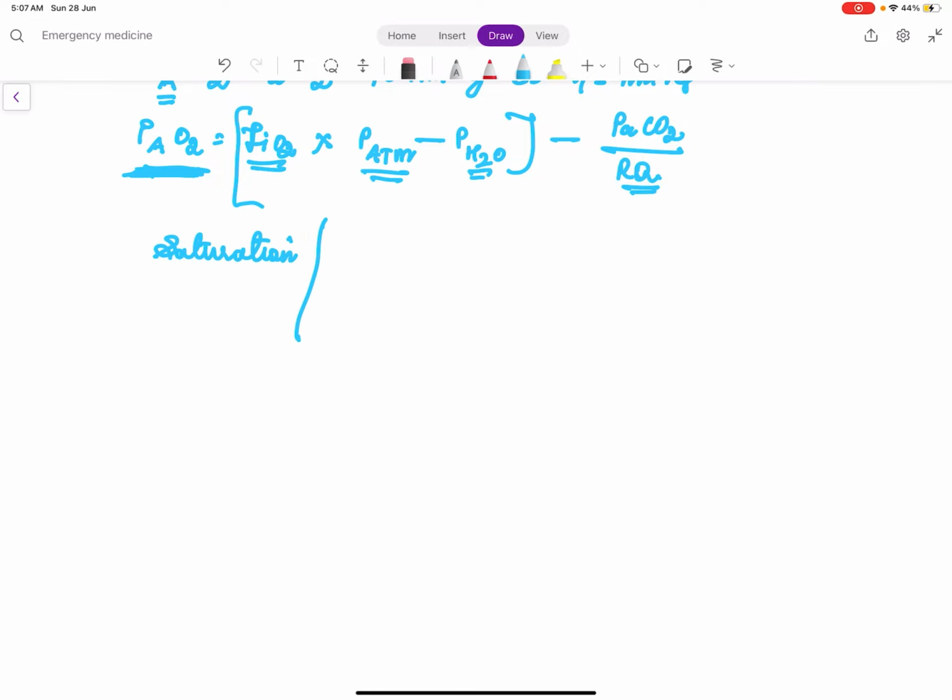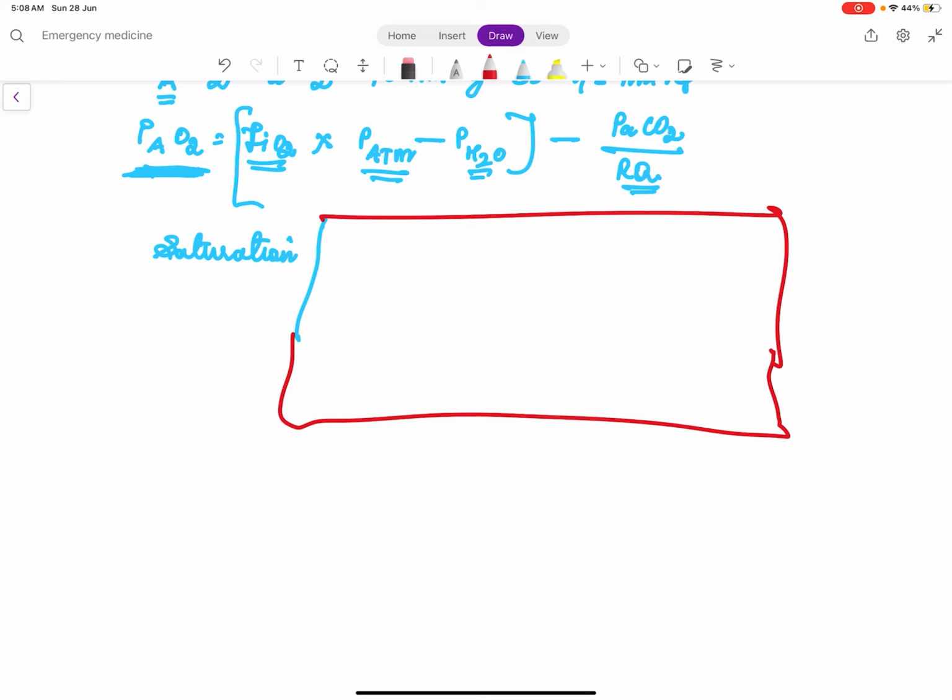Before knowing the saturation, a small technical point you should remember is how oxygen gets transported in the blood. Once we inspire air into the lungs, this process is called ventilation. The process by which we take in oxygen and leave out carbon dioxide is called ventilation.